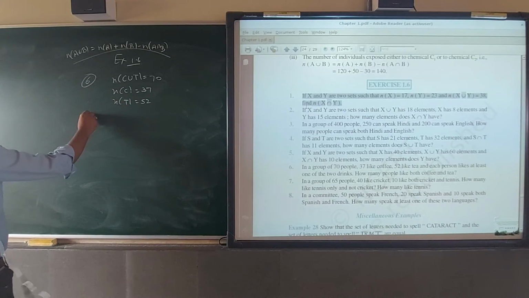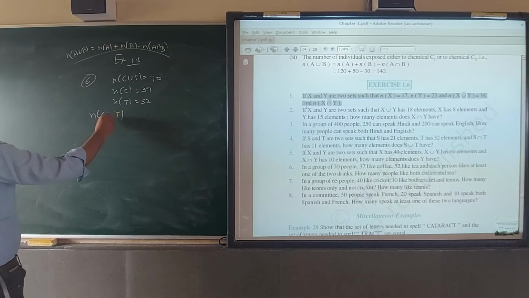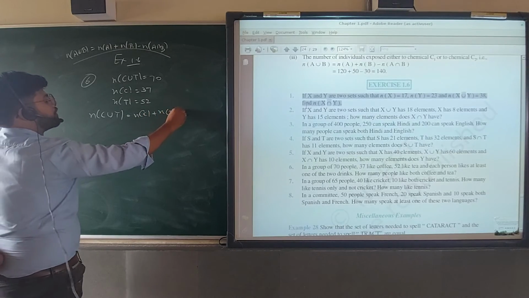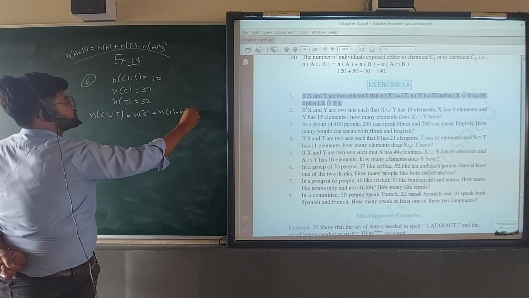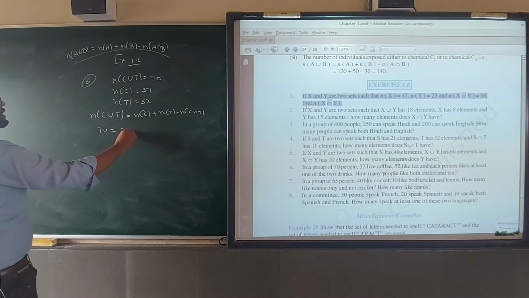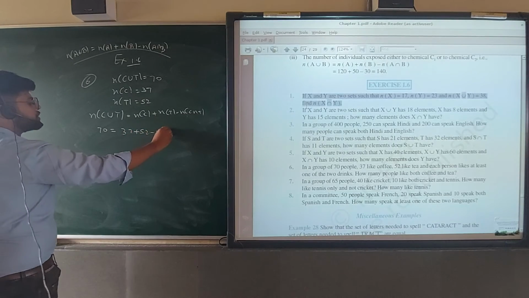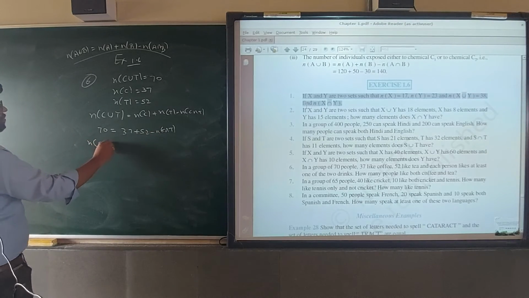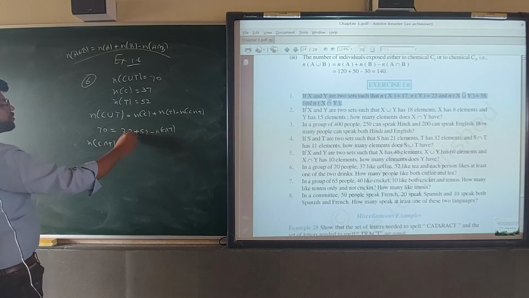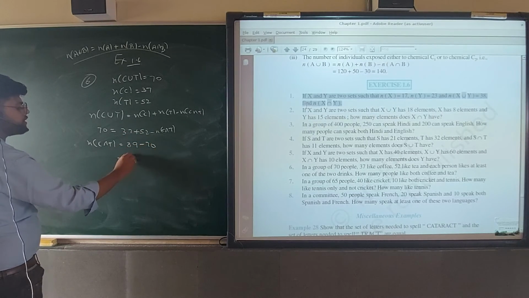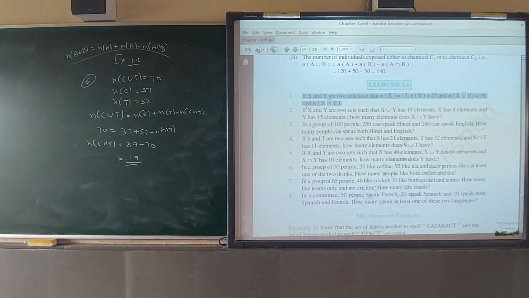So now check. n(C union T) is equal to n(C) plus n(T) minus n(C intersection T), and n(C union T) will be 70, 37 plus 52 minus n(C intersection T), it will be shifted here. 37 plus 52, that is 89, and this will become 70. It will be 19. So 19 students take tea and coffee both.